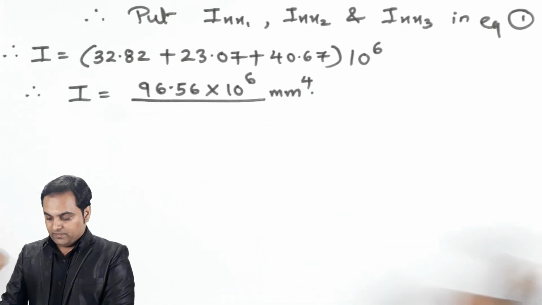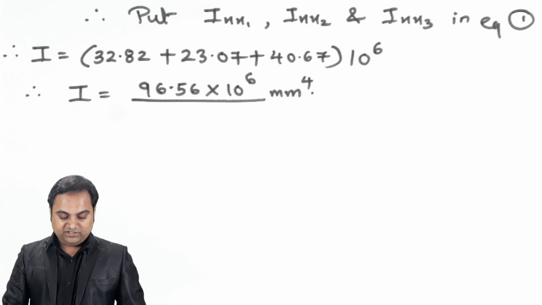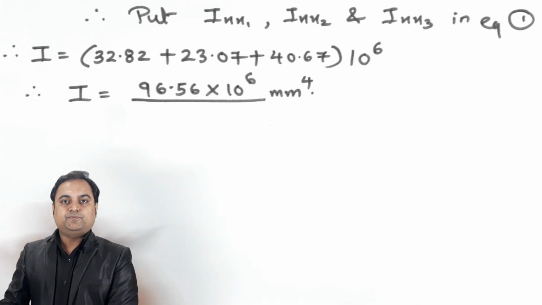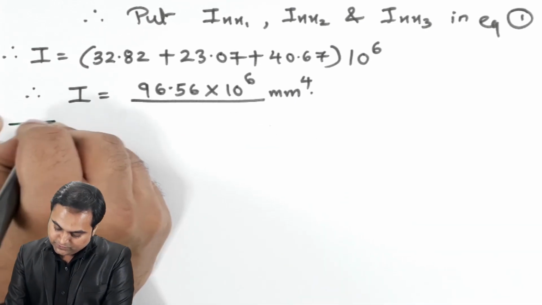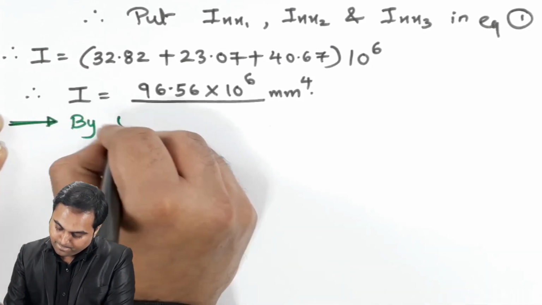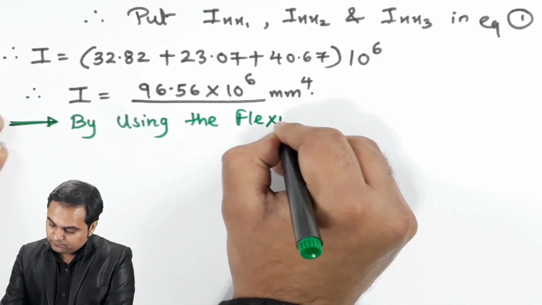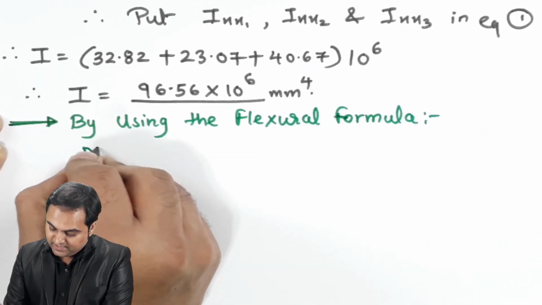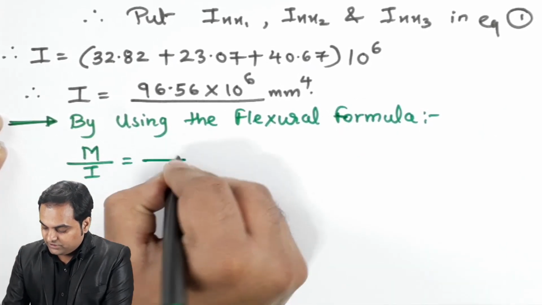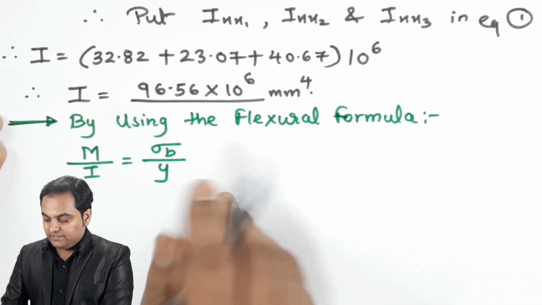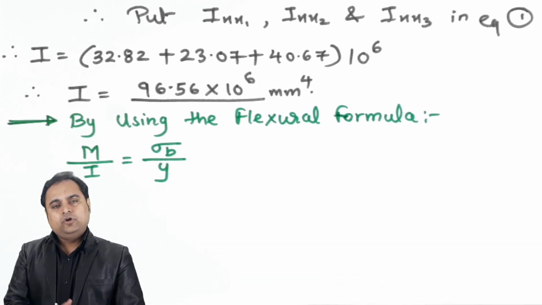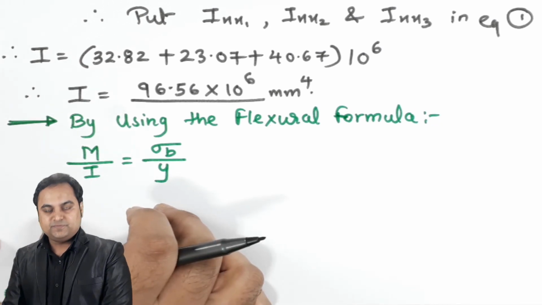Now after getting the value of moment of inertia, in the question they have said we have to find the value of safe UDL. So I'll use the flexural formula because this problem belongs to the bending stresses. The flexural formula is M upon I is equal to sigma b upon y, and that is also equal to E by R. But since in this problem the radius of curvature is neither given nor asked, even the Young's modulus is not given, I'll be using only this much part.